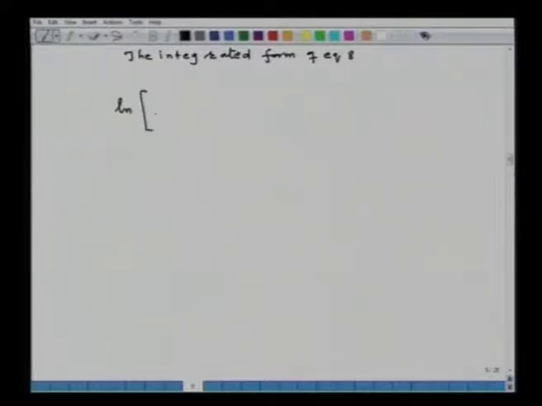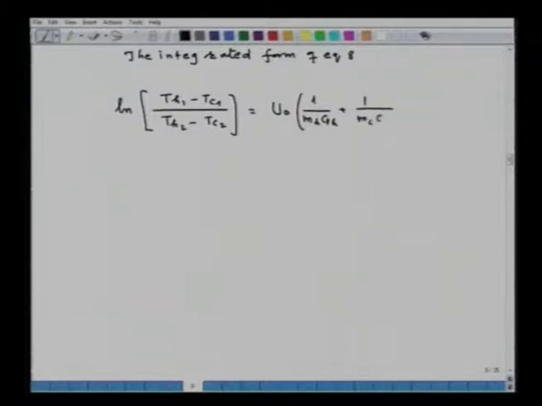ln of (Th1 minus Tc1) upon (Th2 minus Tc2) equal to U0 into (1 upon mH into Cph plus 1 upon mc Cpc) into 2 pi R0 into the length of the exchanger, which is equation number 9.